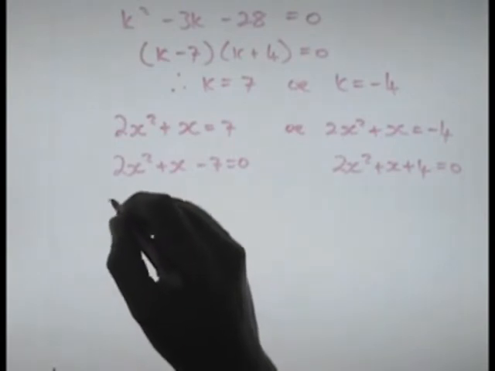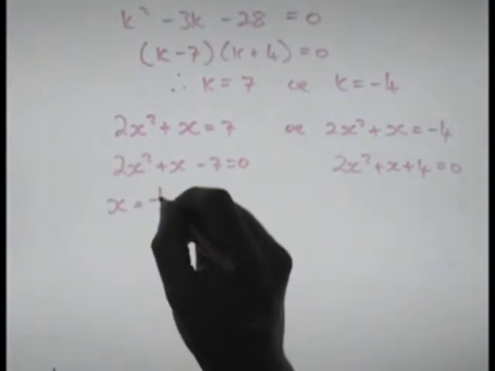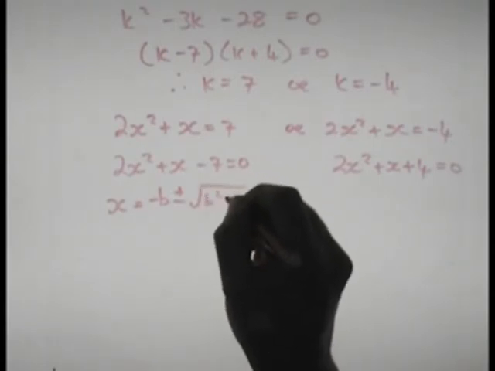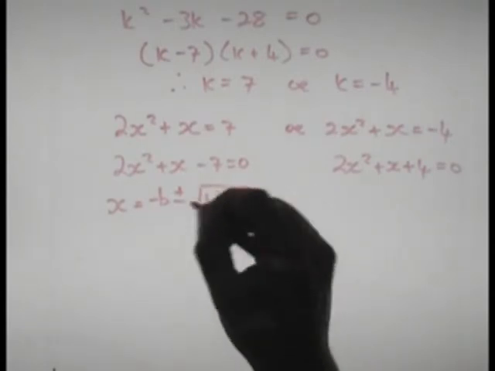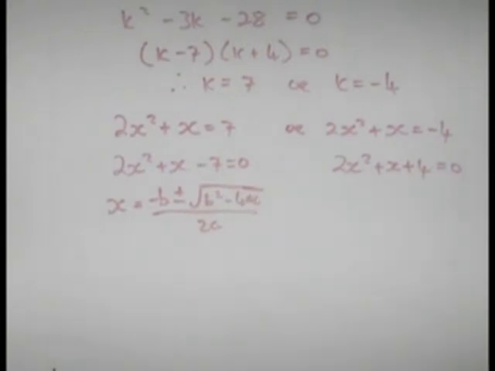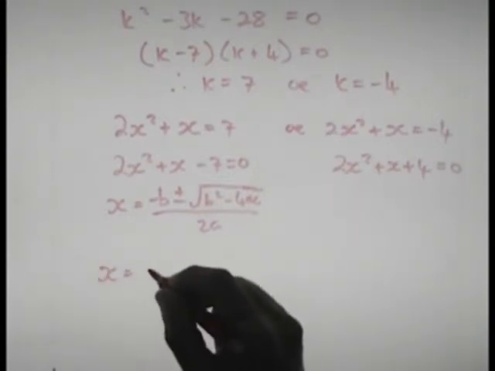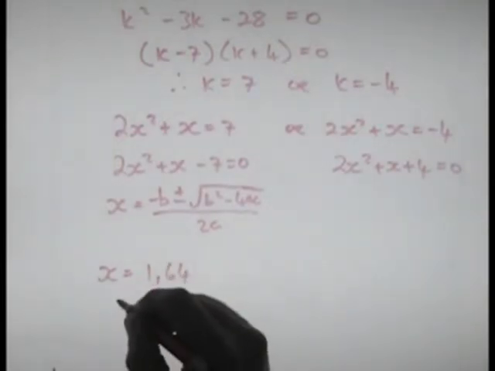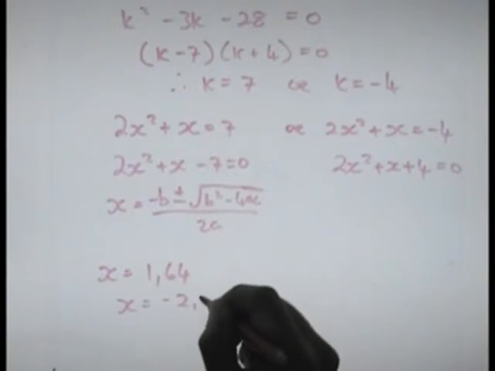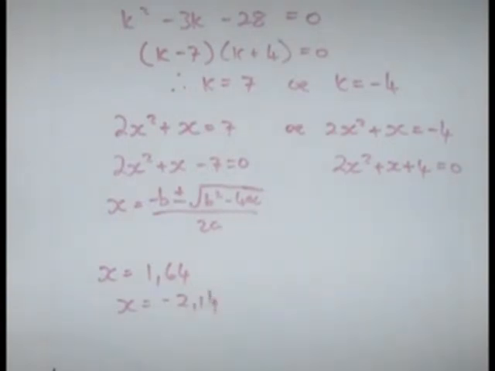Unfortunately for this one, I am going to have to use my quadratic formula. x is equal to minus b plus or minus the square root of b squared minus 4ac, divided by 2a. I'm not going to go through it on screen. I have gone through it before. That will give you two answers. x is equal to positive 1.64 or x is equal to negative 2.14.